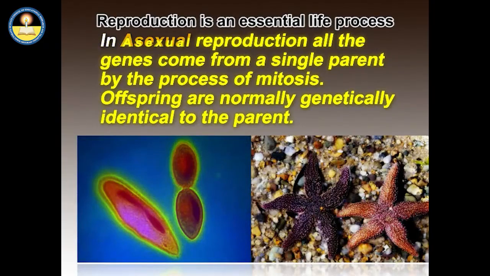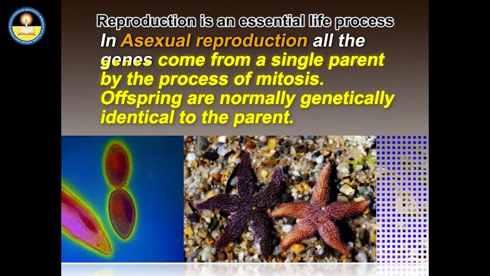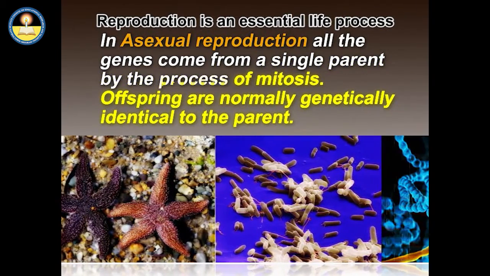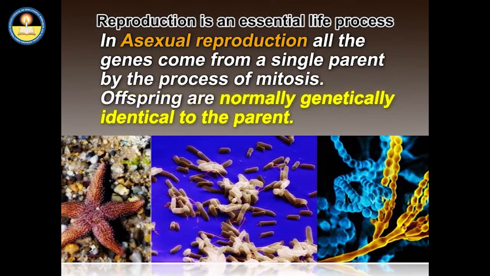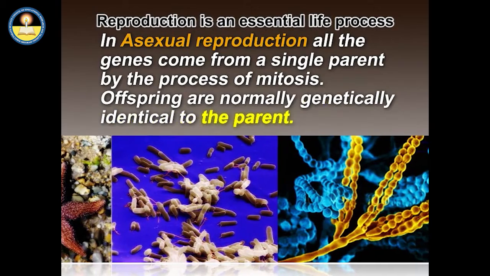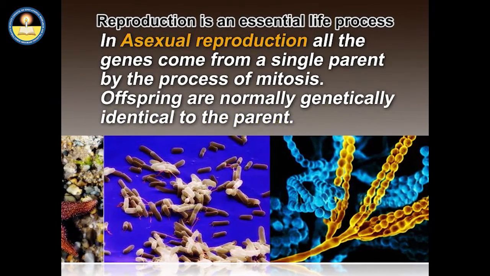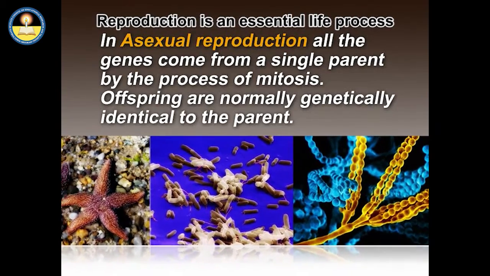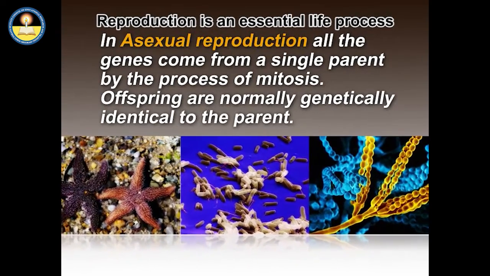In asexually reproducing organisms, all the genes come from a single parent by the process of mitosis. In such cases, offspring are normally genetically identical to the parent.